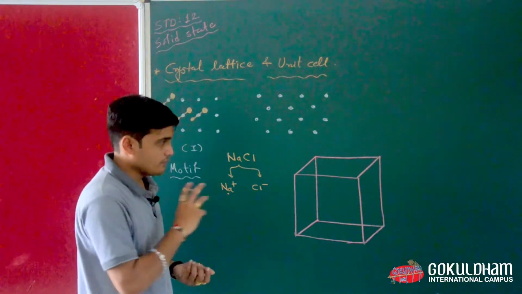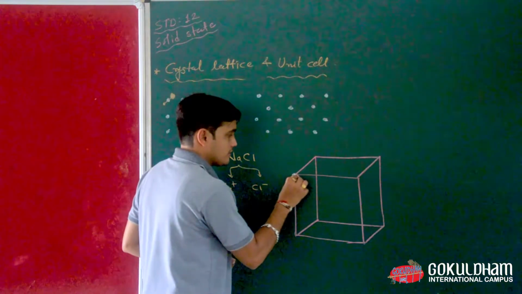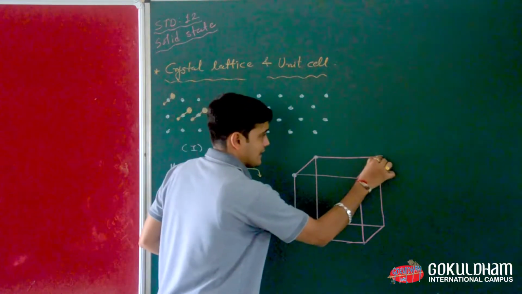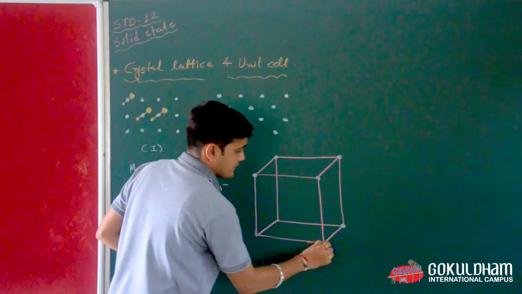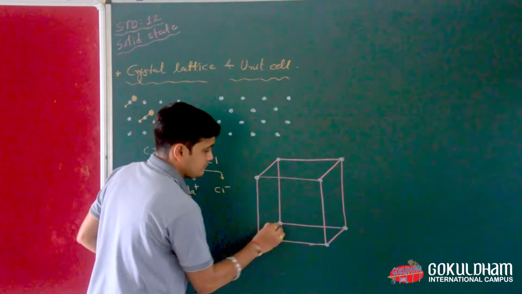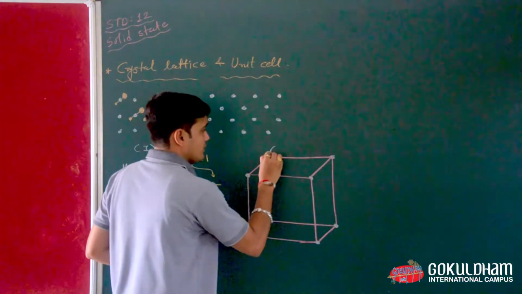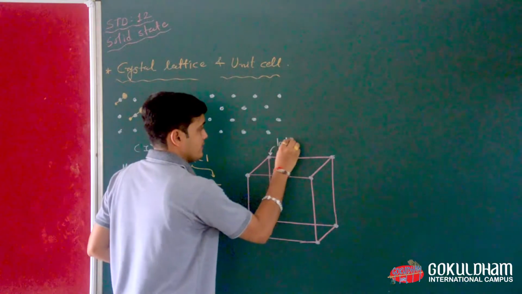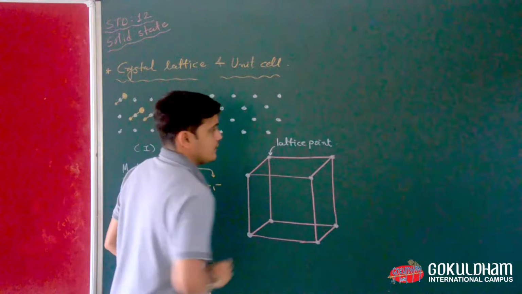In this simple cubic cell structure, all these corners are connected with lattice points. Every dot is known as a lattice point.